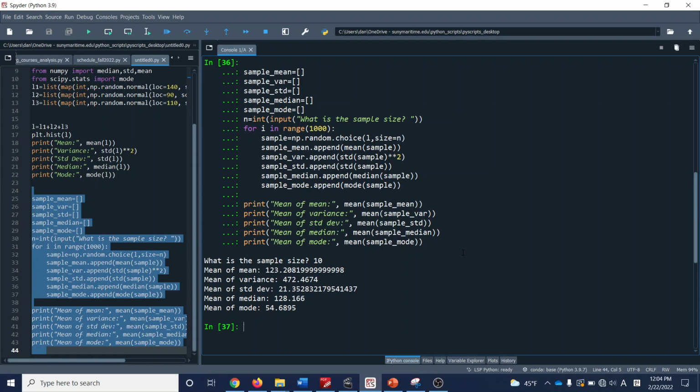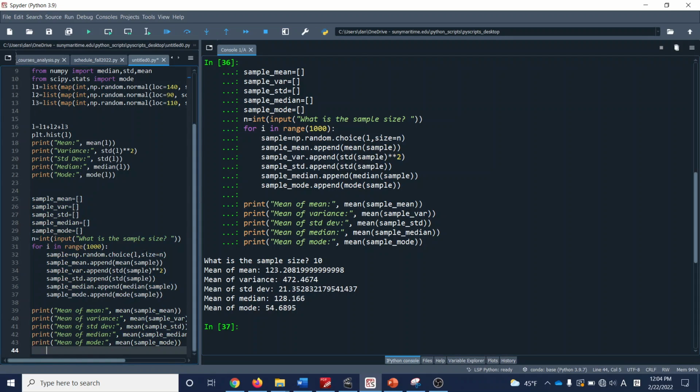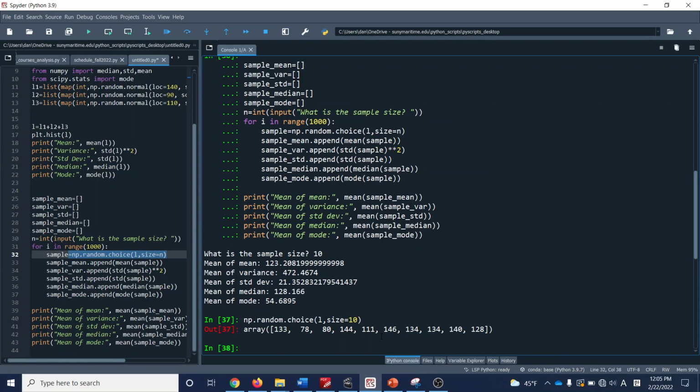Now, I need to explain to you what this means, but let's just collect a sample size of 10 and see what we have. If I randomly choose from this population, which I call L, of size 10, here are the numbers that I get. Just random 10 numbers out of the population.